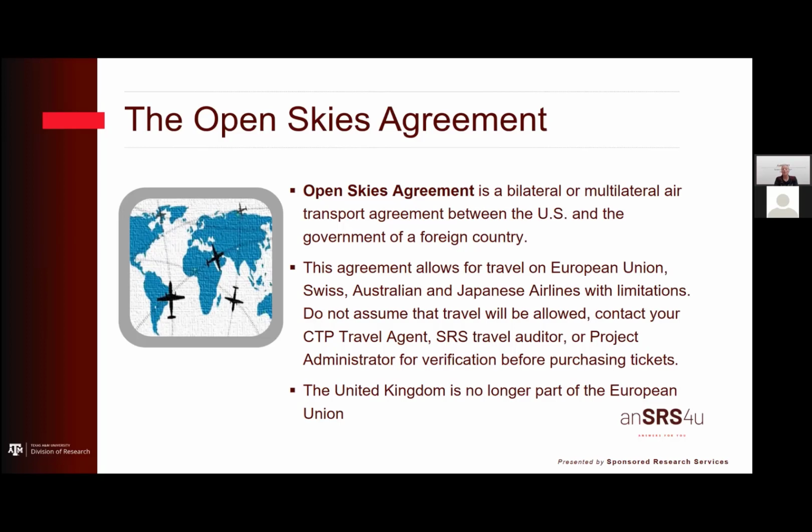Do not assume that traveling will be allowed. You need to contact your CTP travel agent, SRS travel auditor, or a project administrator for verification before purchasing non-US flag airline tickets. Also, the United Kingdom is no longer part of the European Union and no longer has an agreement with the United States.